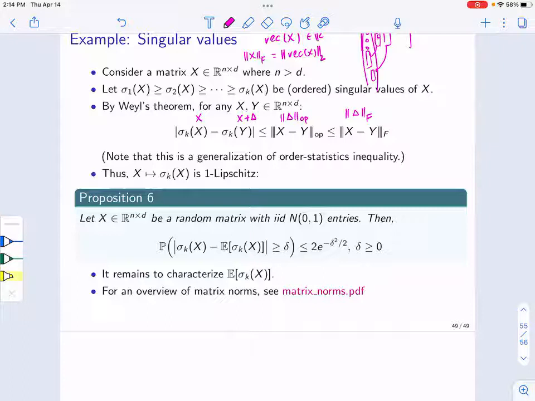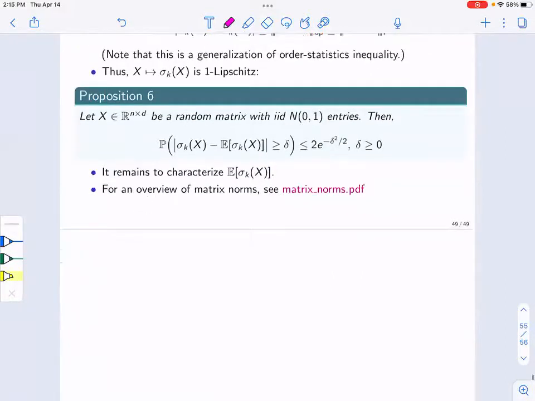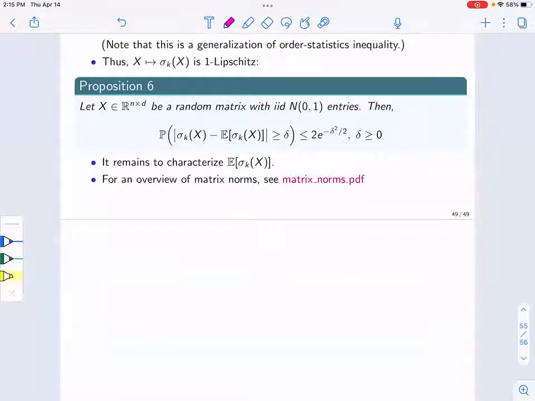Then the singular value is a Lipschitz function of a Gaussian, so it concentrates, and the constant here is 1. So this inequality is very useful. Because sigma 1 is the operator norm, this immediately gives you that the operator norm concentrates.